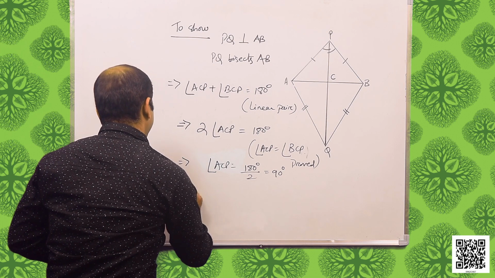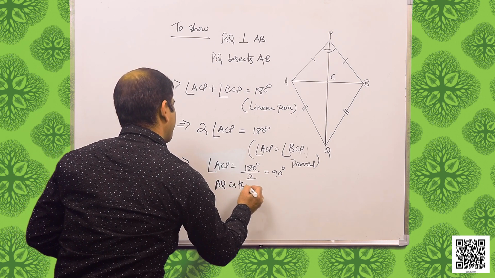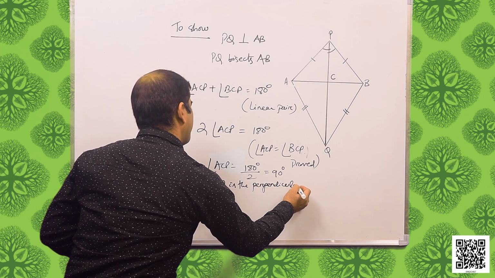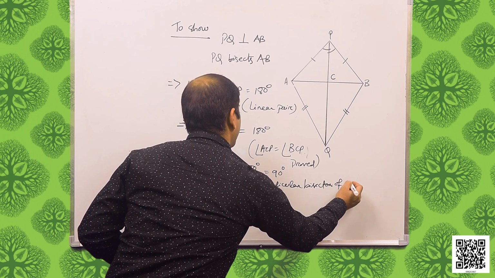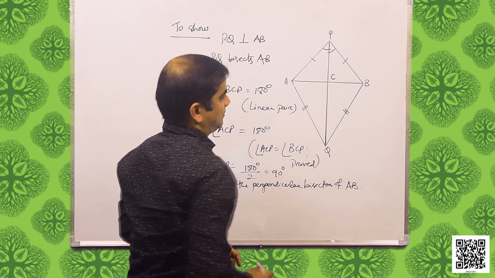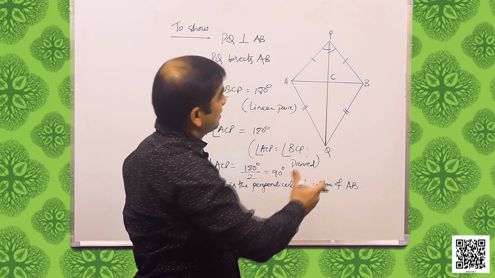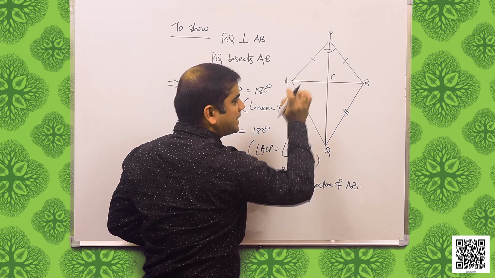So hence PQ is the perpendicular bisector of AB. I am saying it again: as these two triangles are congruent, AC is equal to BC.